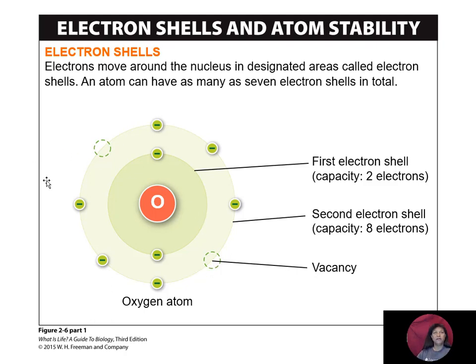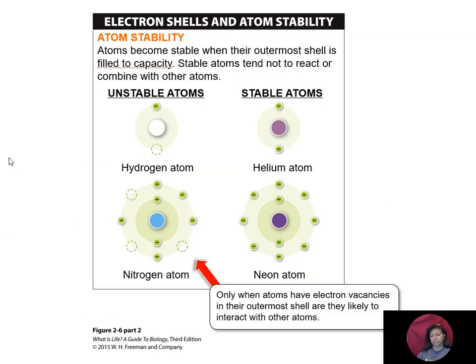It either wants to give away electrons in order to become completely stable, which means its outermost shell is now empty. Maybe it had 1 in its outermost shell and it would like to get rid of that 1. Or here in oxygen, it's got 2 vacancies, so it needs to react and fill those 2 vacancies. Let's look at how that happens.